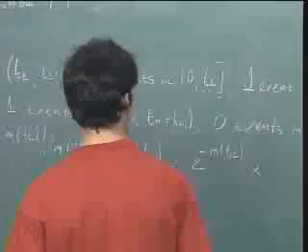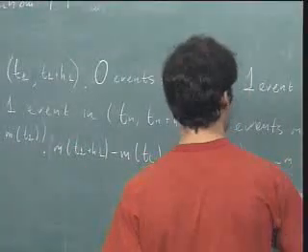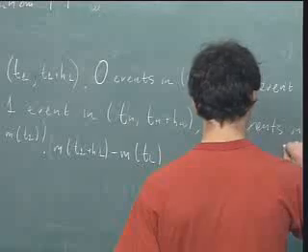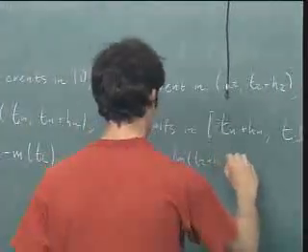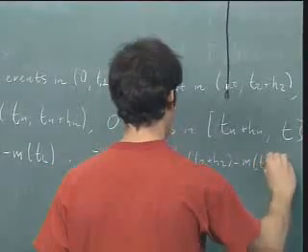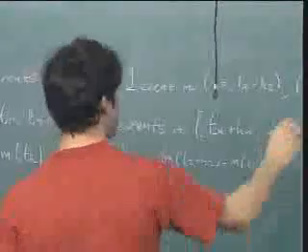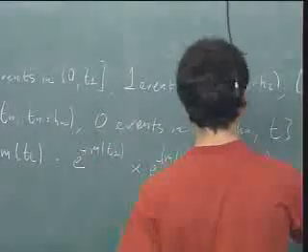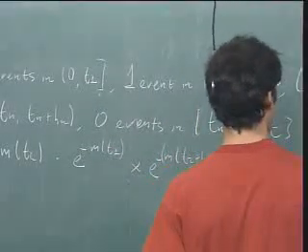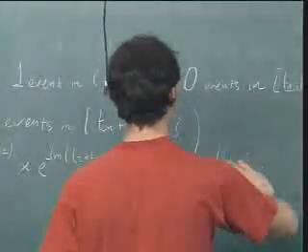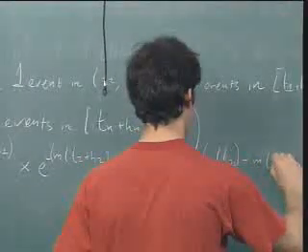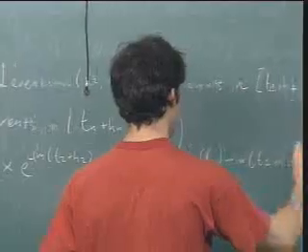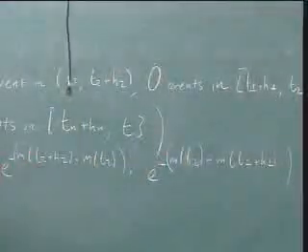So this is times then e to the minus m of t2 plus h2 minus m of t2. And now we want 0 events in this time window, times e to the minus m of t2 minus m of t1 plus h1, and so on and so forth.